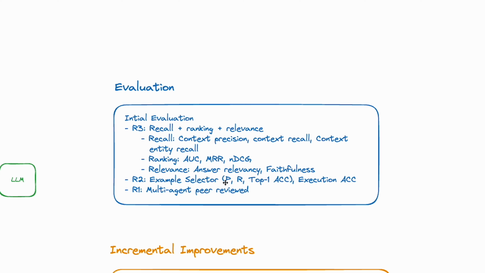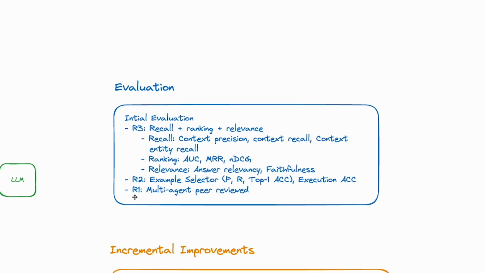To evaluate that, we can check precision, recall, and top 1 accuracy of the selected examples. We can also evaluate the execution accuracy. For example, when we generate the SQL query, how many times is this generated SQL query successfully executed in our database and how many times does it give an error. We can also track this, which will help in future to improve our execution capability.